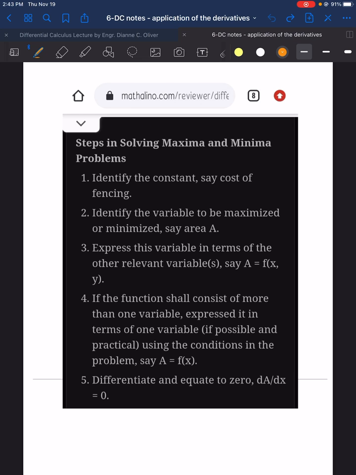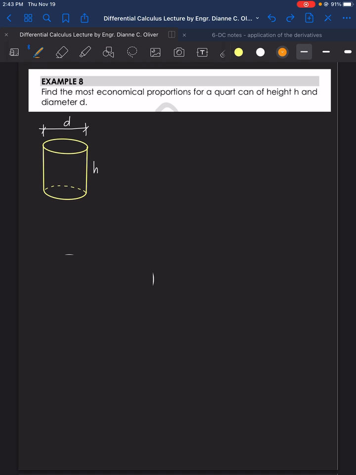So that is the case. What is the variable to be maximized or minimized? In this case it is economical proportions, meaning we're looking for the minimal proportion for it to be most economical.